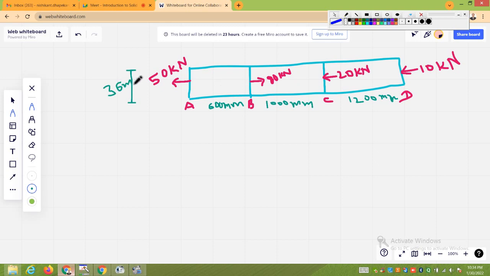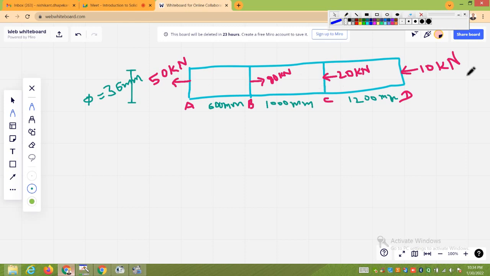All dimensions are given in millimeters. Forces are given in kilonewtons. So diameter I am abbreviating as phi, and it is 36 millimeters. And this is subjected to axial pulls or forces as shown in the figure.